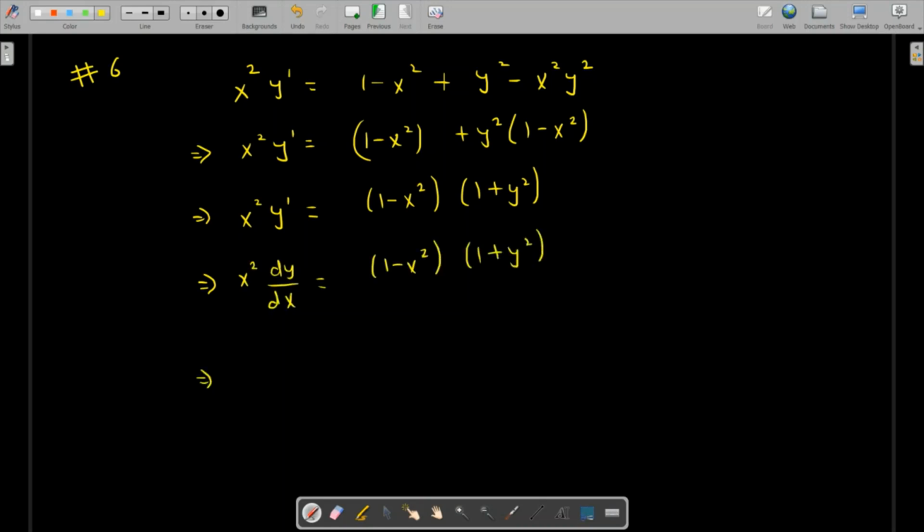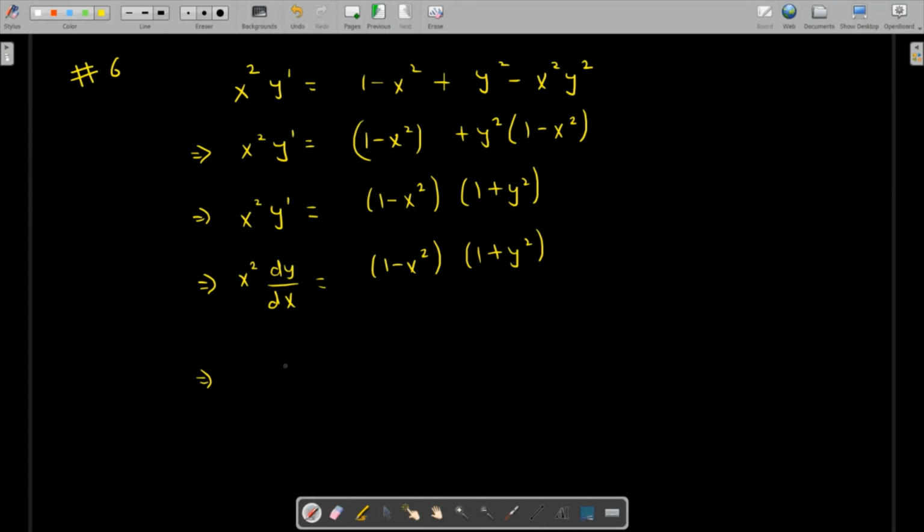So what we are going to do is divide both sides by, I think, 1 minus x square. So 1 minus x square comes over here, and multiply both sides by dx. In fact, that may not be a great idea because dy is on top.